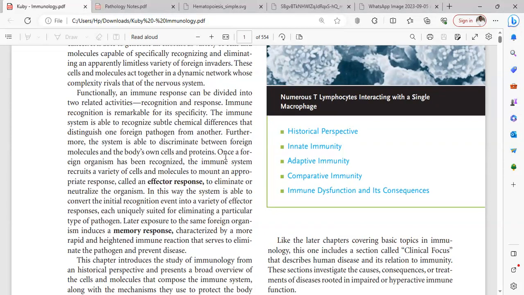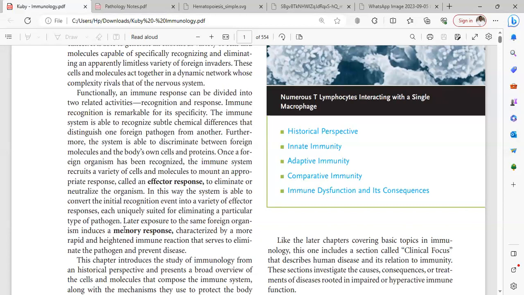But when this pathogenic microorganism occurs for the second time, or any other time, it elicits a response called the memory response. This memory response occurs as a result of repeated exposure to the same foreign organism, which will lead to the immune system being evoked and will lead to a response.